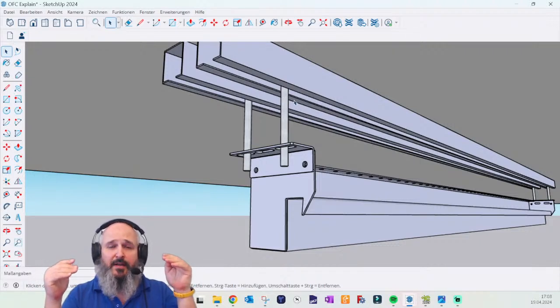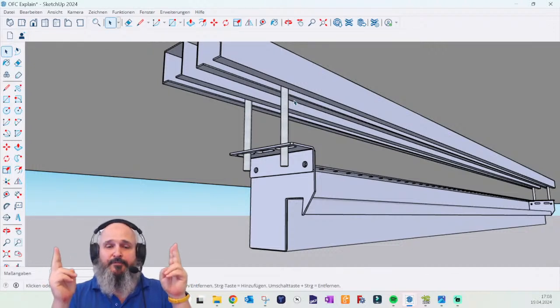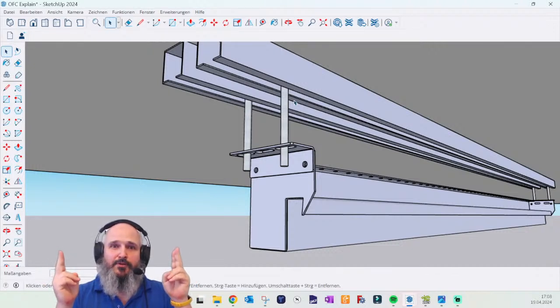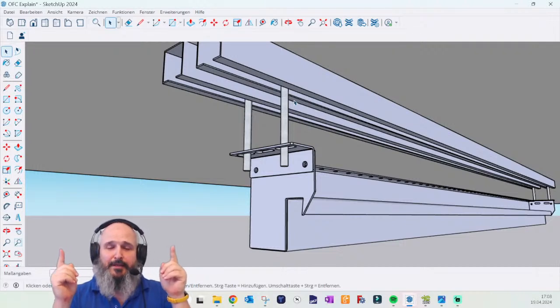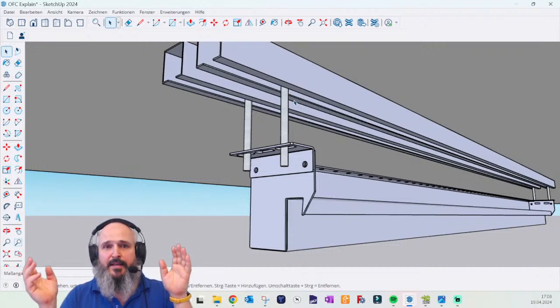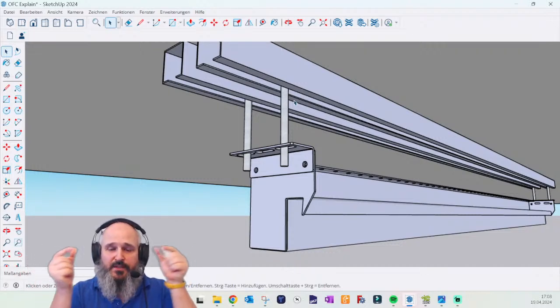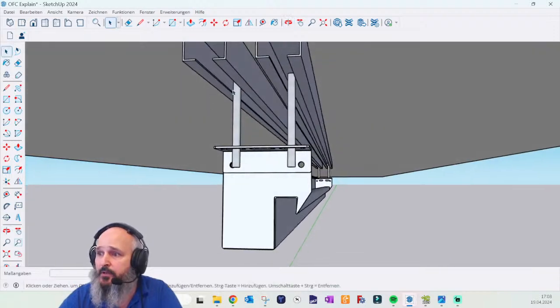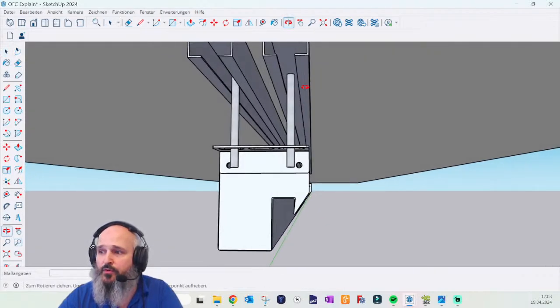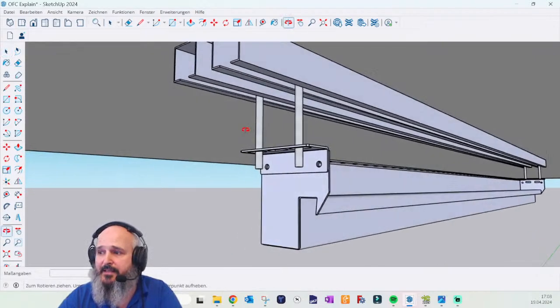Also, these C profiles will help you fix the whole thing to the ceiling, because if you have a concrete ceiling, sometimes you can't drill the place you want to drill, but if you have a C profile, you just drill at another place and still have the C profile in the place you want to have it. And if you really want to be super flexible, what you also can do is put another C profile here, 90 degrees to the one above, so that you're also flexible in this X.